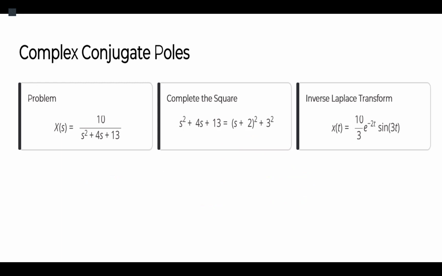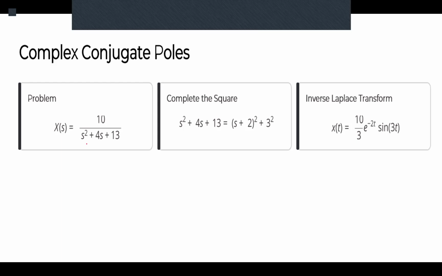What if we have complex conjugate poles, meaning one of the terms here has a conjugate? This one is basically s plus 2, s minus 2. You know what I'm talking about. So if this is equal to 0, you would have two poles, each of them conjugates of each other.